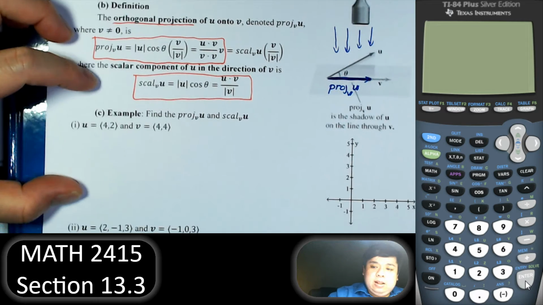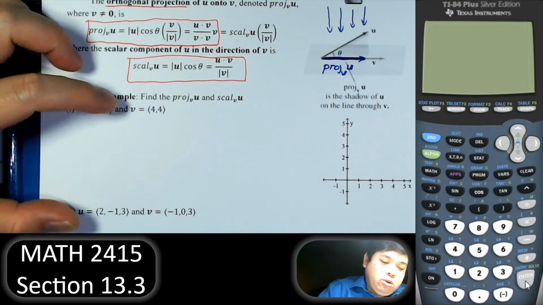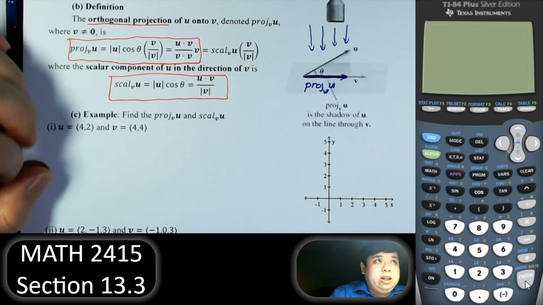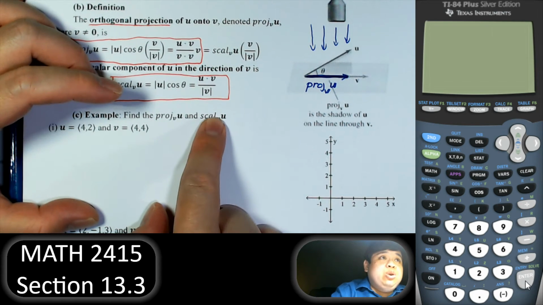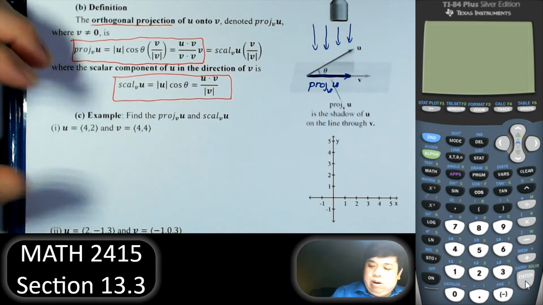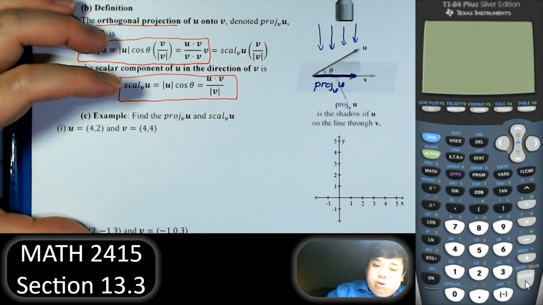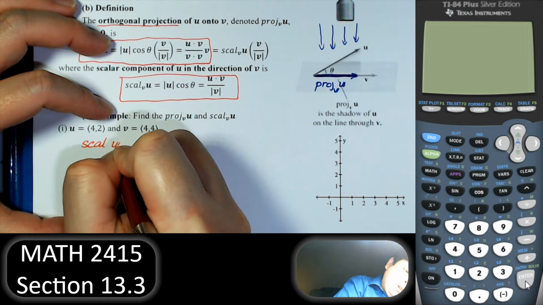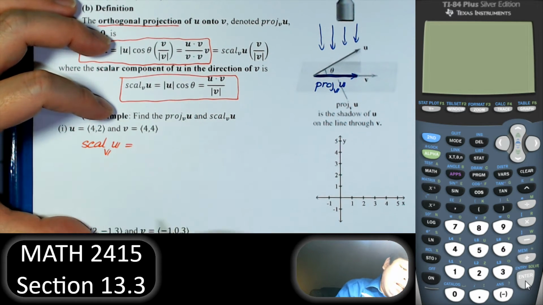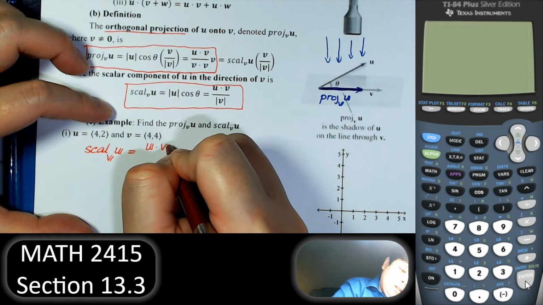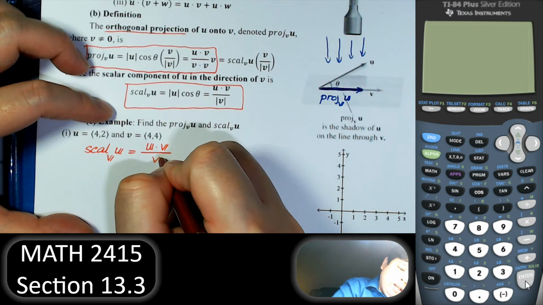Now, let's look at the first example. Find the projection of u onto v and the scalar of u onto v. We do the scalar first. The scalar of u onto v is going to be the dot product over the magnitude of v.